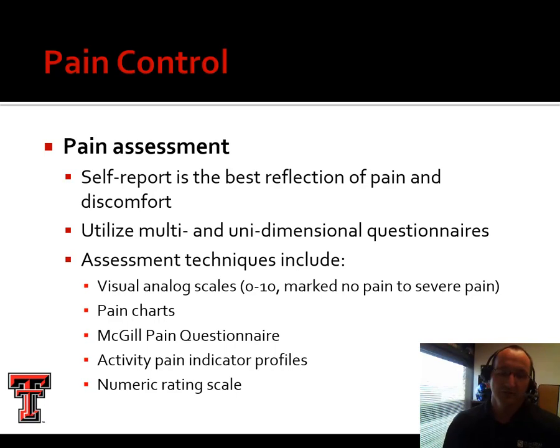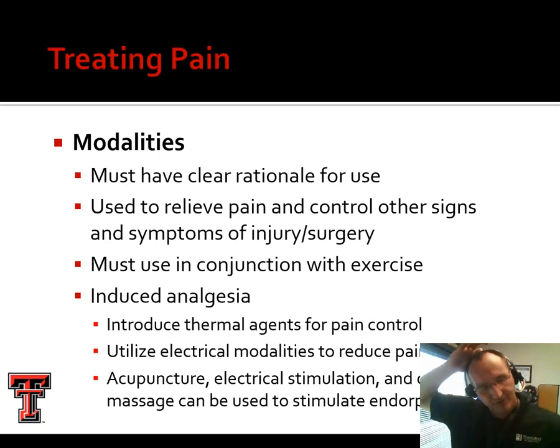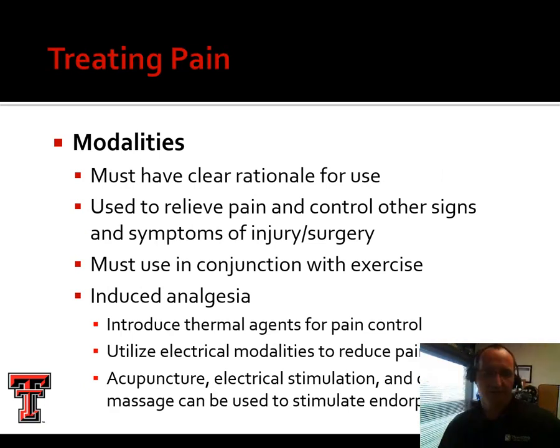Multi and unidimensional questionnaires so that we can figure out what makes it worse, what makes it better. Lots of tools here. Now, for treating pain with modalities, we need to have a clear rationale for use. We don't just slap stem on people just because we don't have anything else to do. Understand the physiology.